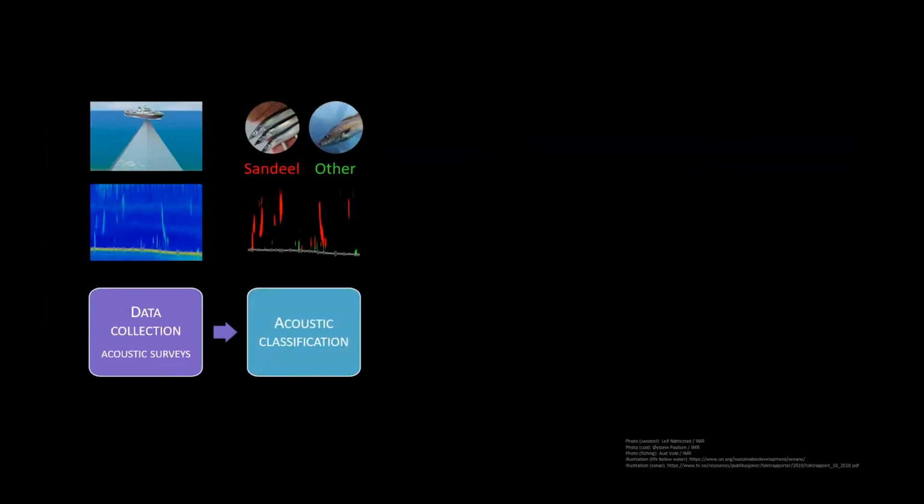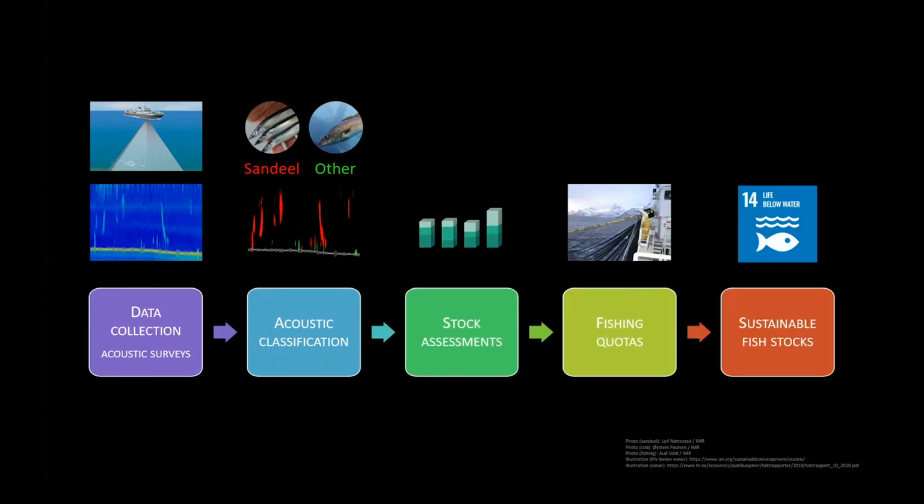First, a bit of motivation. Each year, the Institute of Marine Research collects large amounts of data from the ocean using echosounder technology, which you can see to the left here. These data are classified into fish species, and the pipeline continues.